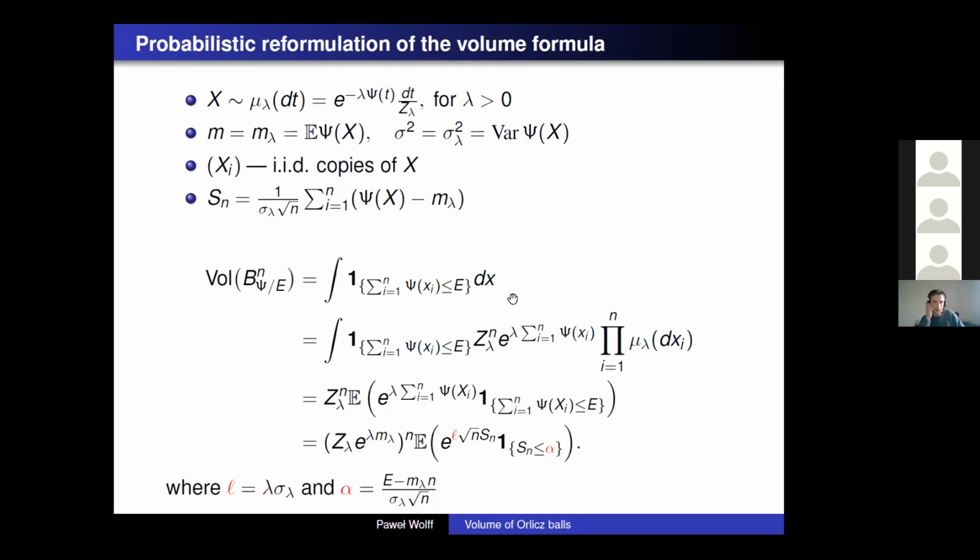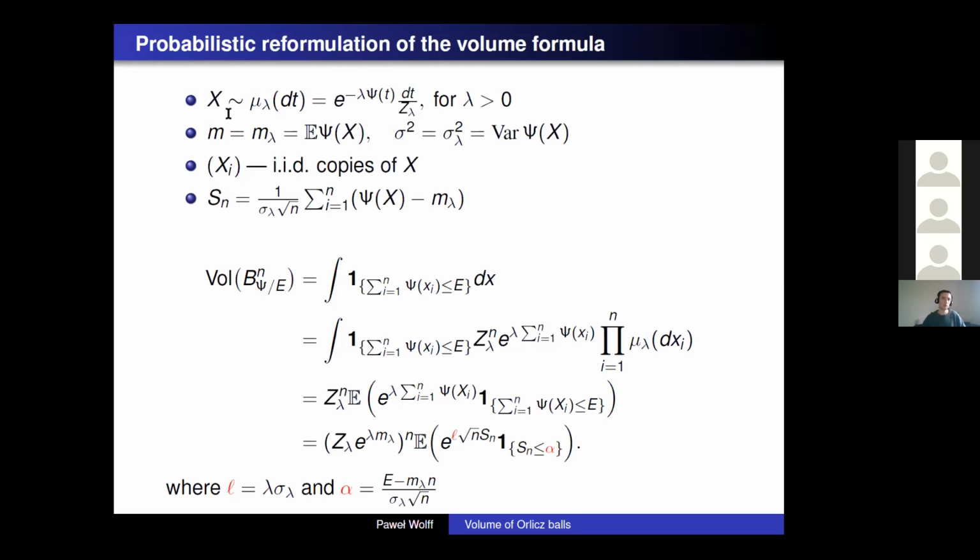So let's reformulate our problem and the formula itself in probabilistic terms. We had our measure mu lambda, the probability measure given by this density.